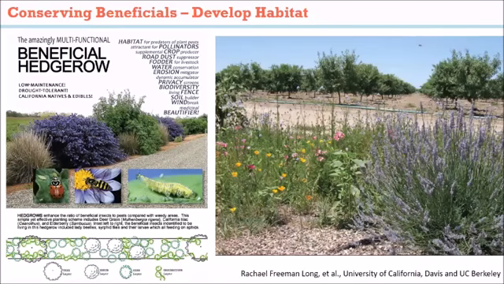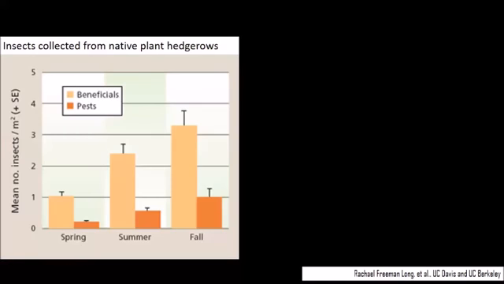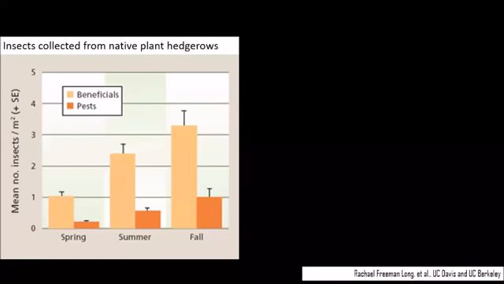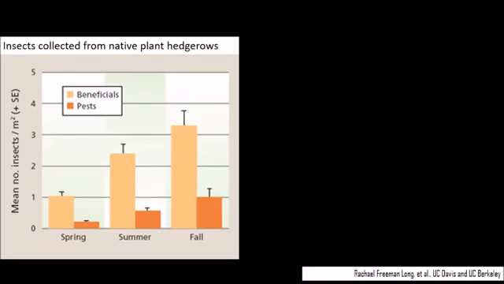But University of California, Davis and Berkeley have done some observations and plantings. They did this hedgerow study where they planted the hedgerows and looked at over 10,000 insects within the hedgerows. One of the things they found was the comparison of the pests to the beneficials within those hedgerows. And throughout the season, beneficials far outweighed the pests.